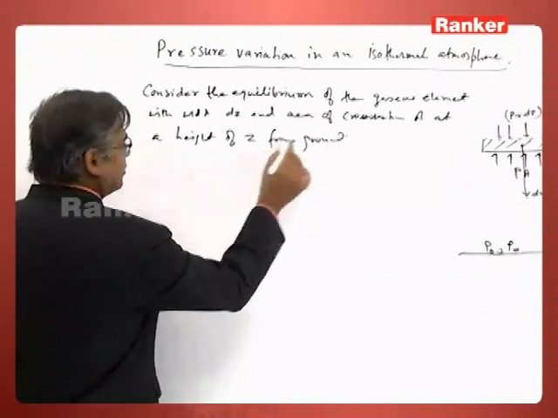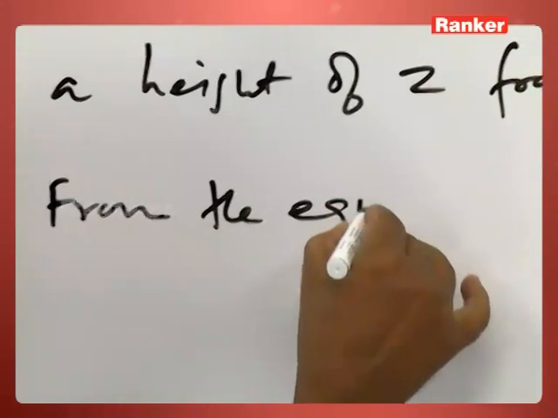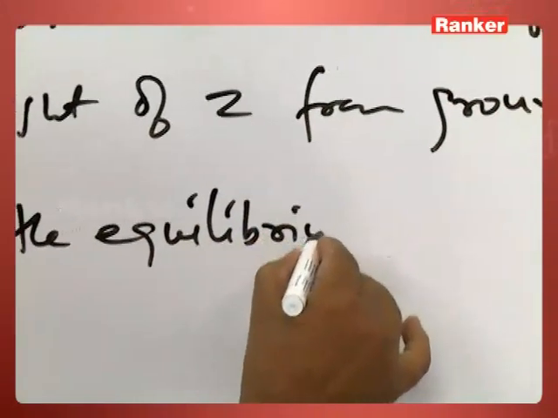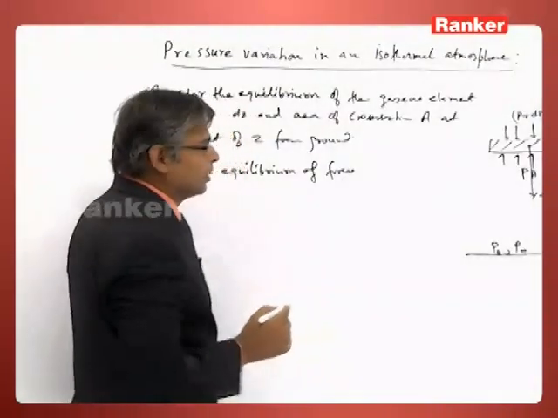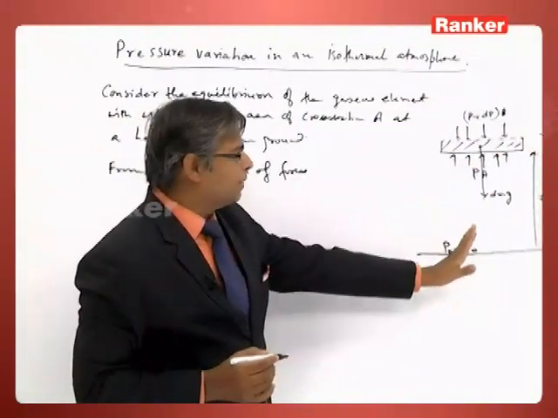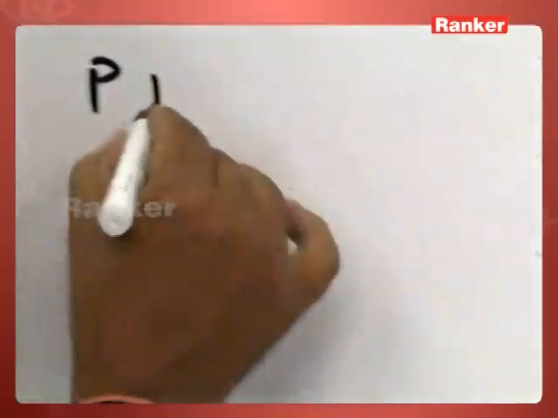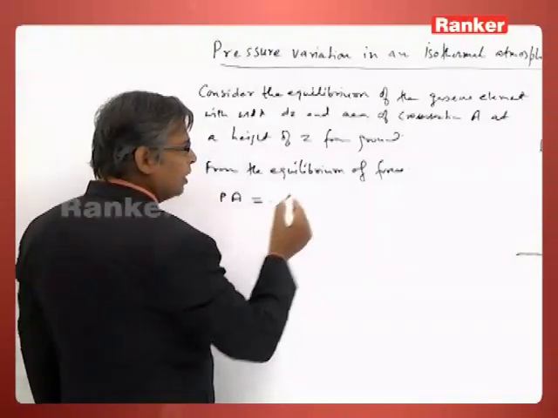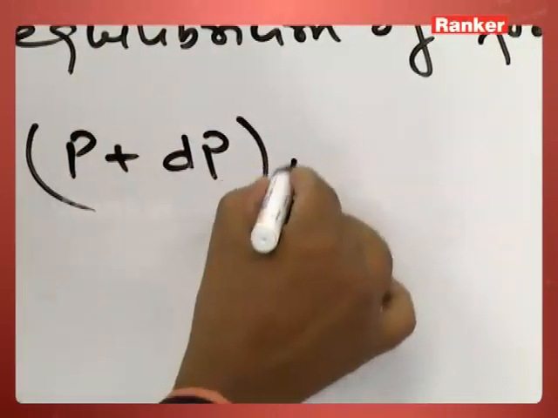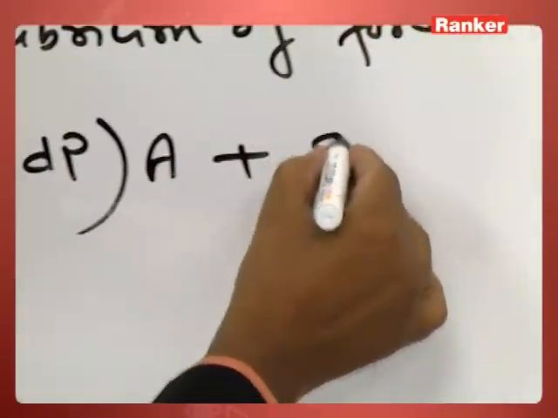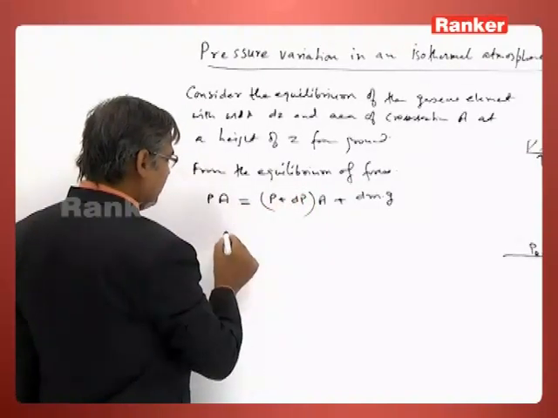So from the equilibrium of forces, the total upward force must balance the downward force. So total upward force is P into A, that is equal to top force P plus dP into A plus its weight, that is dm into g. So here you see this PA will cancel.